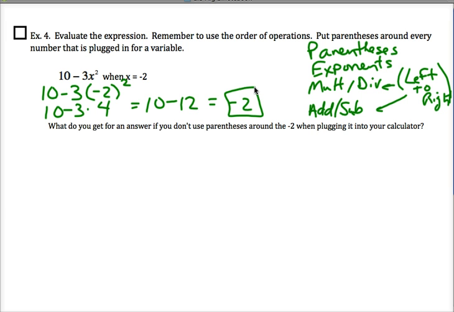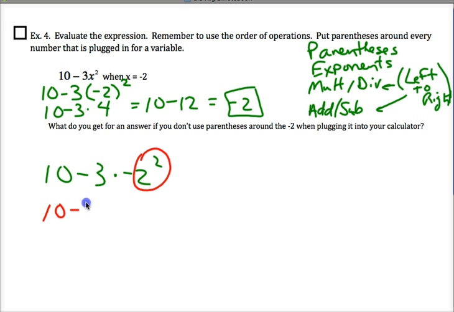Now, what will happen is some of you will just do this in your calculator. You'll put 10 minus 3 times -2 squared. You won't use the parentheses, and what your calculator is going to do in that case is it's going to do the 2 squared. It's going to say that negative stays on the outside. You didn't put in parentheses. So what -2 squared means in this situation without parentheses is the opposite of 2 squared.